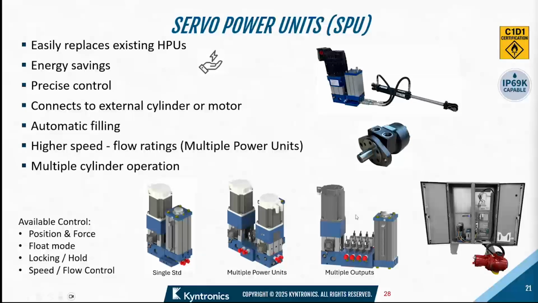And then you have your multiple outputs independently controlled. This one shows a valve, but this is ideal for some clamping applications, those sort of things. Replaces HPUs out there. So anyway, there's a lot of capabilities with the SPU. And again, you have all your control capabilities that I went through in various examples with the SPU itself.